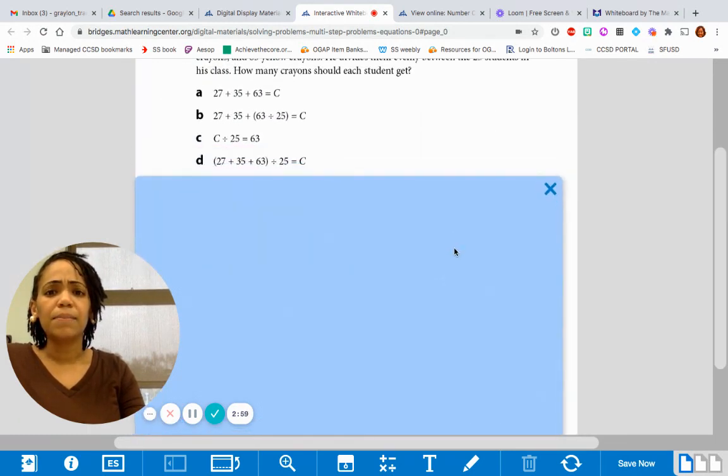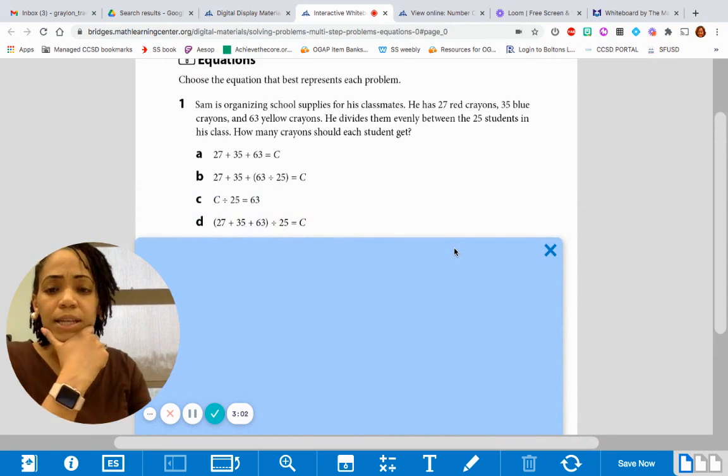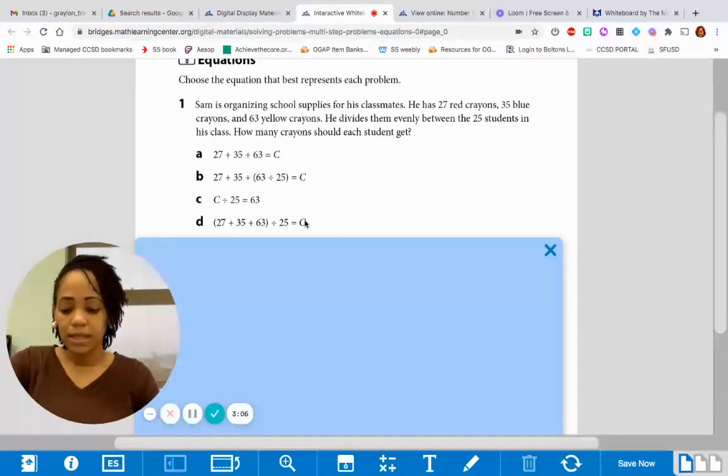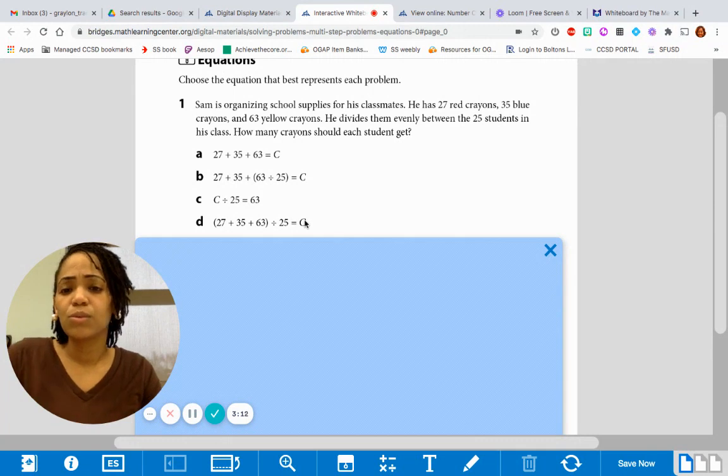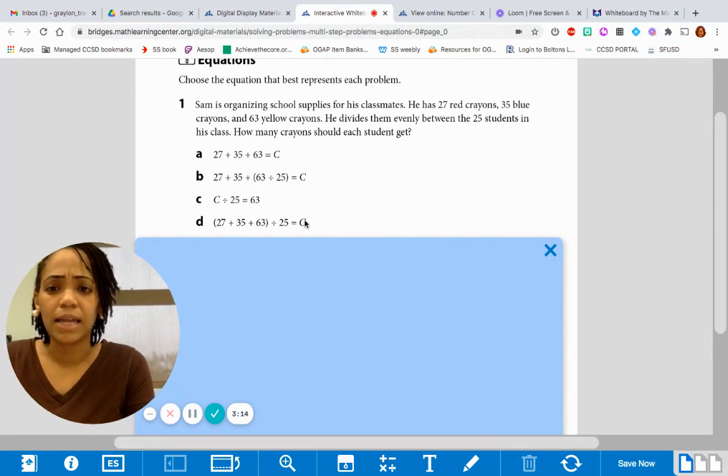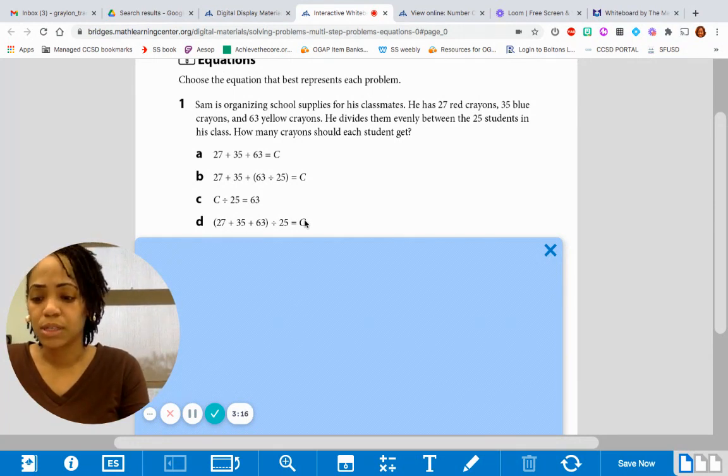So, A, B, C, or D. Just take a moment and look at the different expressions, different equations, and let's see if we can figure out what's going on. Like, what are some observations? What can you determine from looking at these 4 choices?